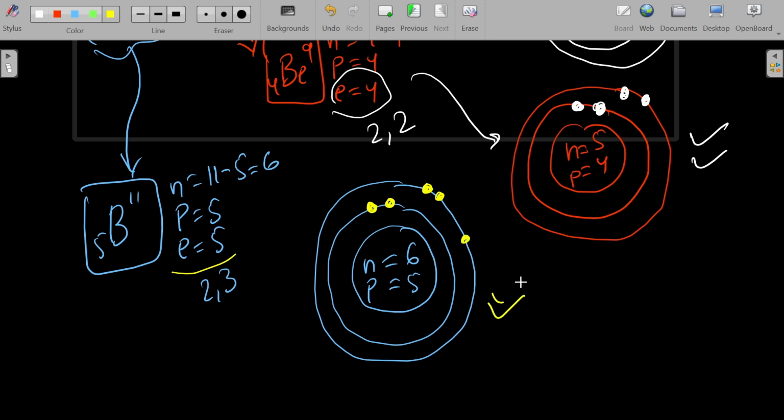And this is how the atomic structure or the electronic configuration for boron has got completed. So this is what I wanted you all to recap for this lesson.